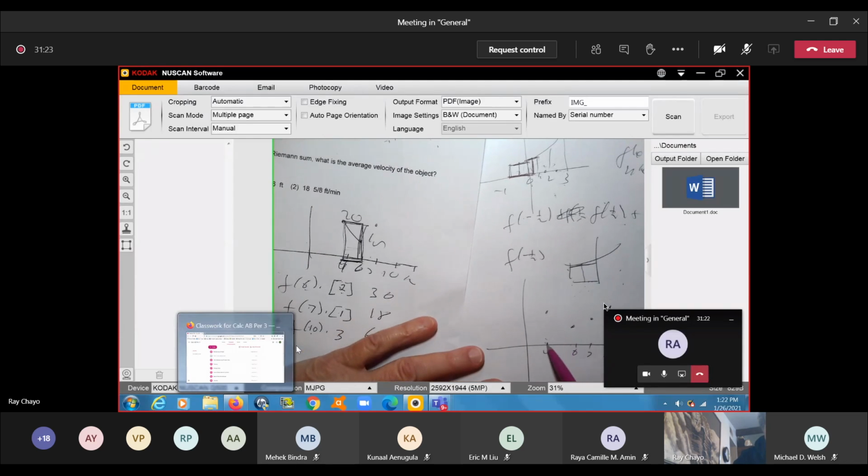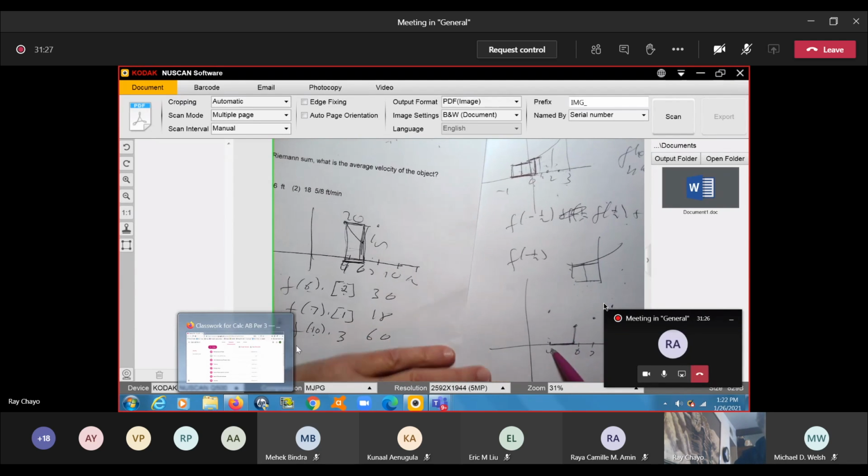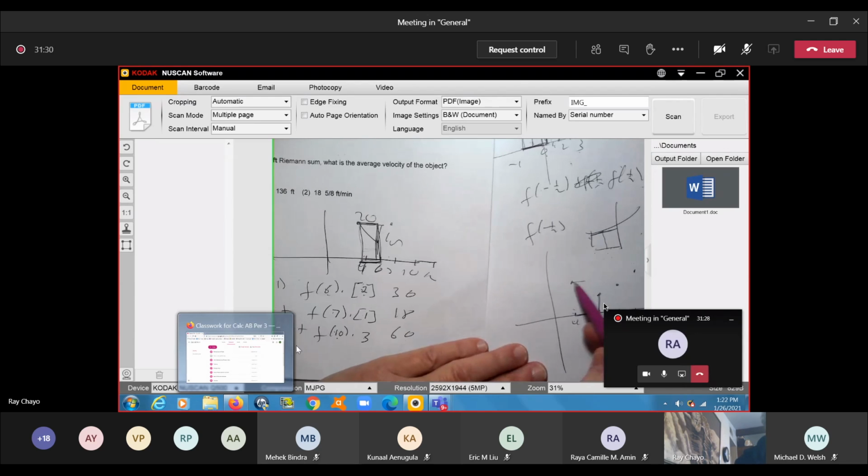So your first base was 2, and your rectangle, you took the height at 6. You took this height and you made a rectangle. You didn't take that height. That's your first rectangle. f of 6, which is 15, and that's 2, and that's your 30.